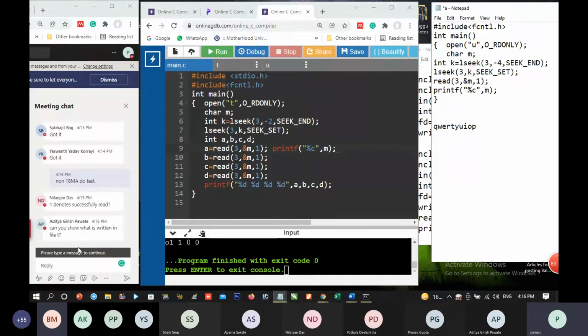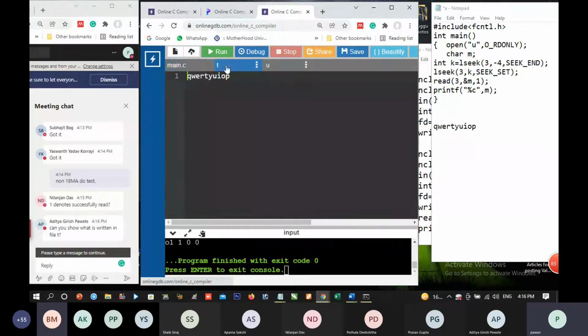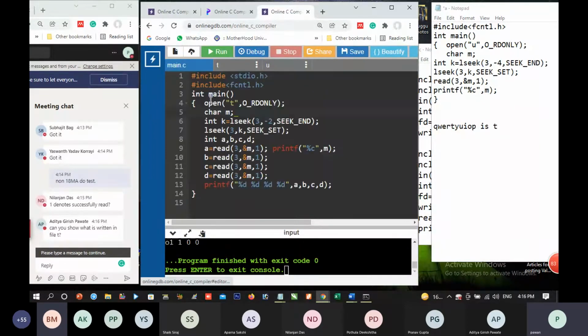Can you show what is written in the file T? Yes, I am showing you what is written in the file T. File T is this. This is my file T. Fine.